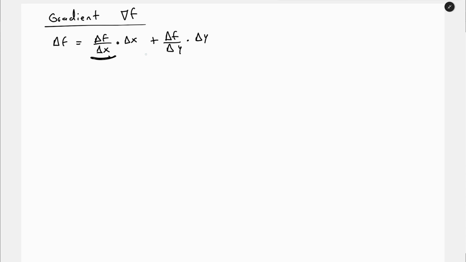So this was our rate of change, the rate of change when we are going in the x direction. And this is how much we actually moved in x. And this is our rate of change when we are moving along y, and this is how much we actually moved in y. And as a result, it will give us how much we are changing the function.